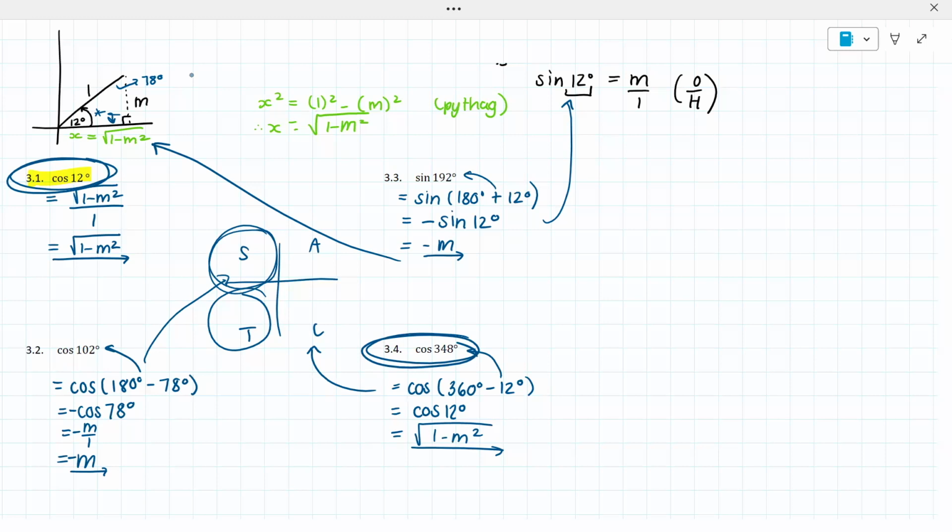It will obviously depend on the ratio that we're working with. And this illustrates it perfectly. Two different angles, 12 degrees and 348 degrees, gave me exactly the same ratio in the first 360 degrees. And this is what we're going to now focus on when we get to trig equations in the next one.